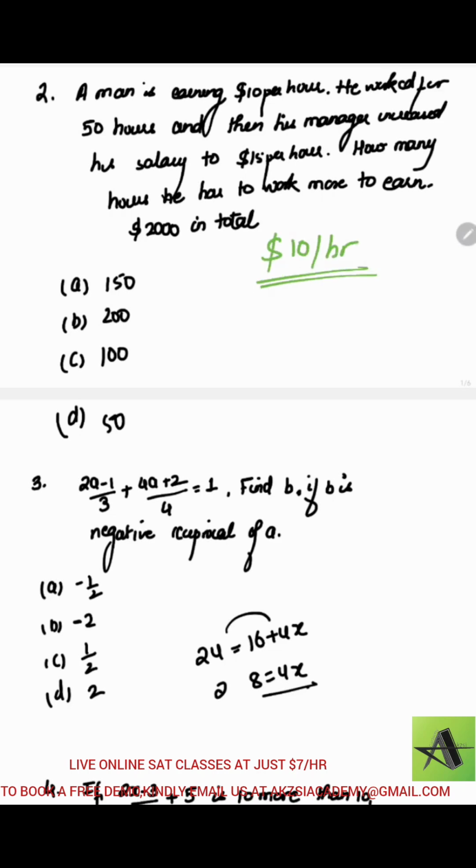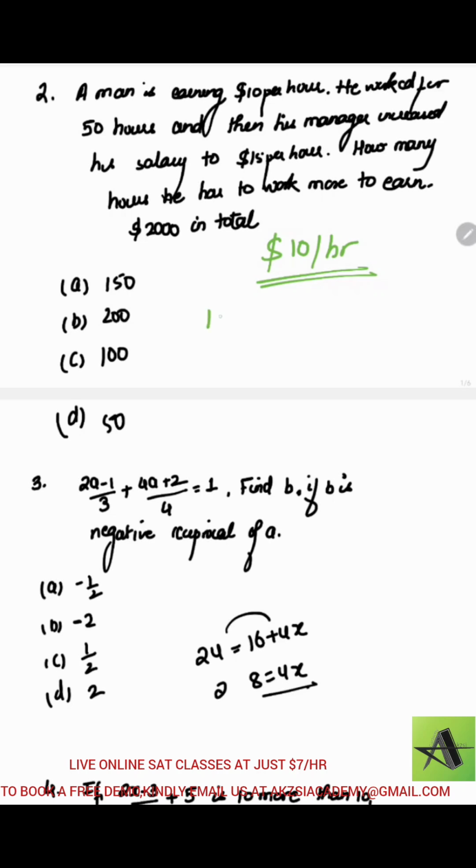He has worked for 50 hours, and after that his manager has increased his salary to $15 per hour. Then how many hours does he have to work to earn $2,000?